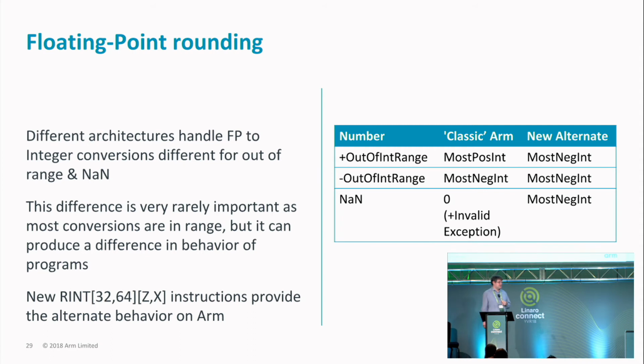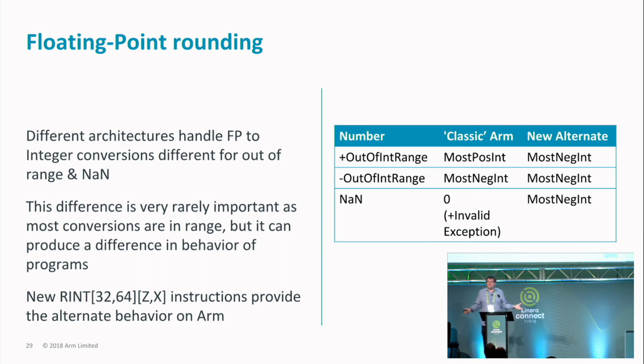There have already been discussions this morning, and moving on yet again to yet another completely different topic, about porting and running code and making sure code runs on multiple architectures. Different architectures handle conversions from floating point to integer differently, for numbers that are out of range, which you can't represent in an integer, and for not-a-numbers.